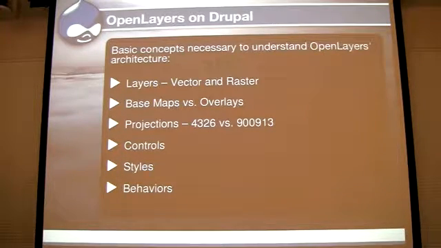OpenLayers is able to customize the way it acts by hooking into those behaviors through the OpenLayers module and the OpenLayers library itself. It's a picture's worth 1,000 words. I could show you at the end of the presentation a site that takes full advantage of things like styles and behaviors, but it allows for extremely fine-grained customization, because you can actually override the output that, for lack of a better word, OpenLayers generates.